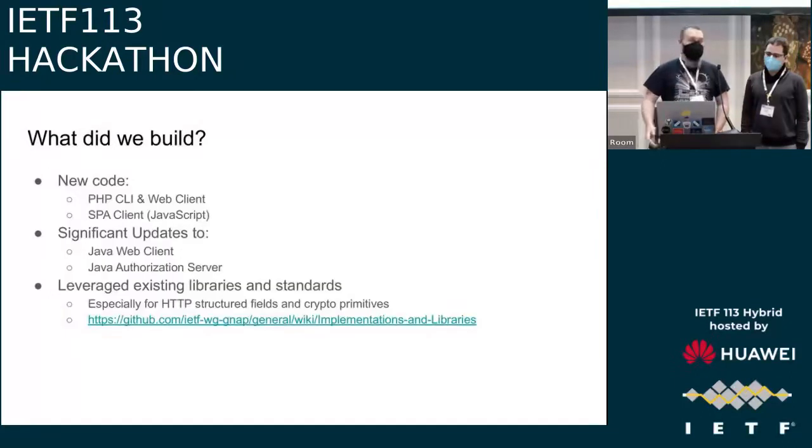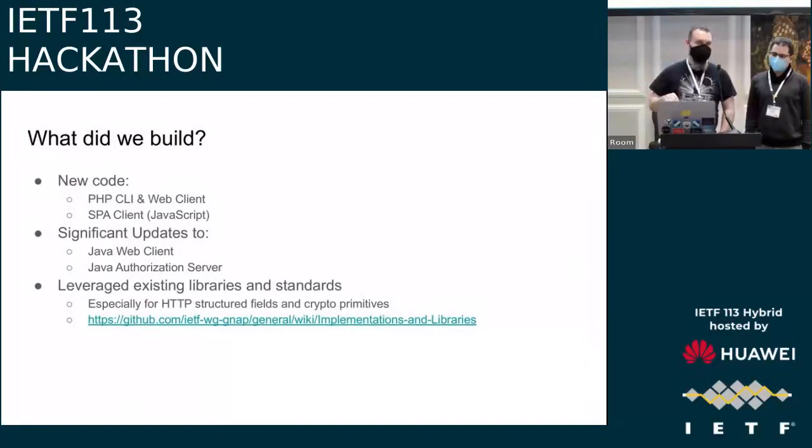All right, we built a bunch of new code. We now have 4 different functional client systems on different platforms, PHP on both CLI and web. We built an SPA client completely in JavaScript, and we made significant updates to some existing code that we had for a Java-based web client and the Java authorization server.